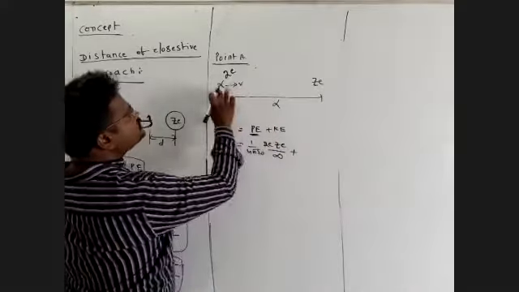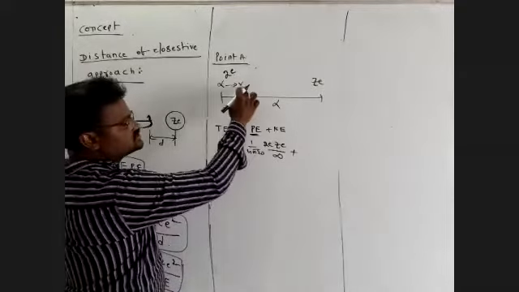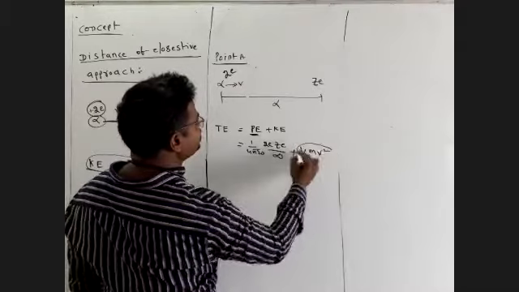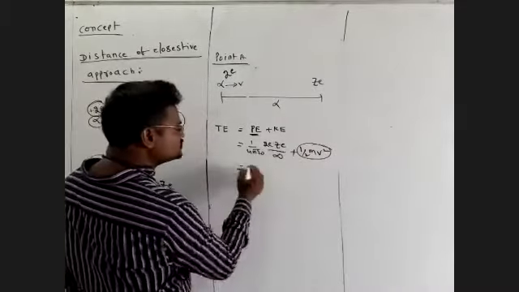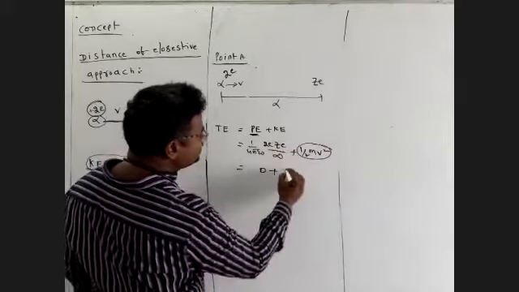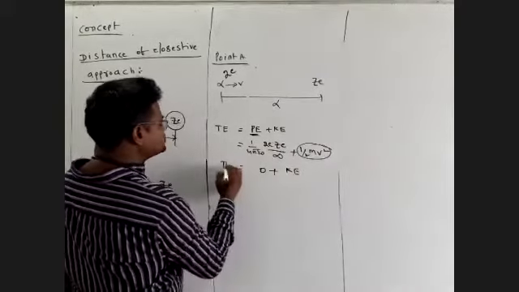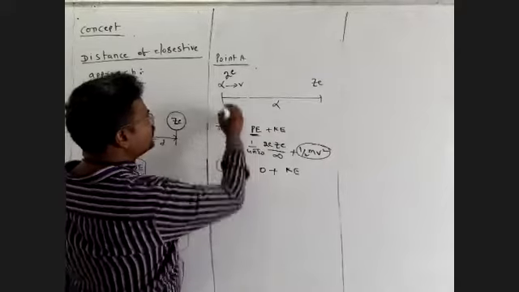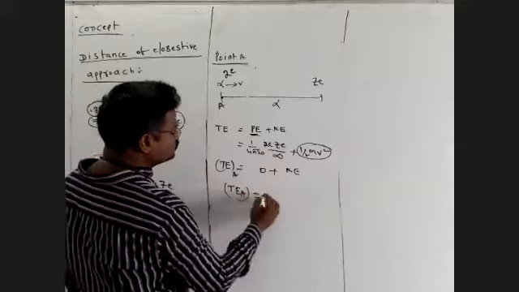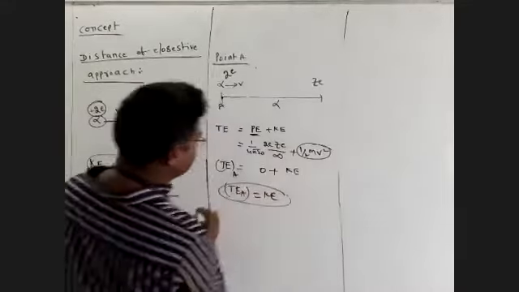The alpha particle starts with velocity v, so kinetic energy is half mv squared. With infinity as the distance, the potential energy is 0. So the total energy at point A is equal to only the kinetic energy.